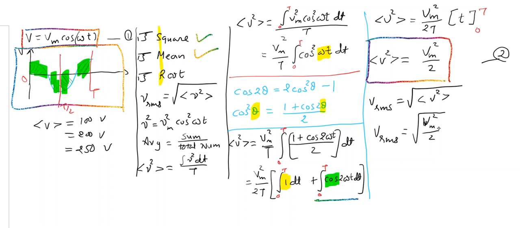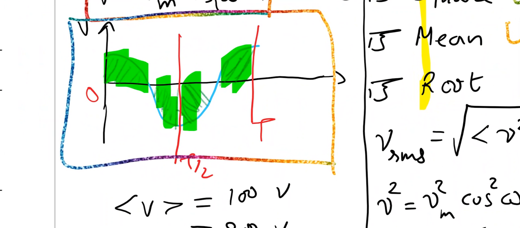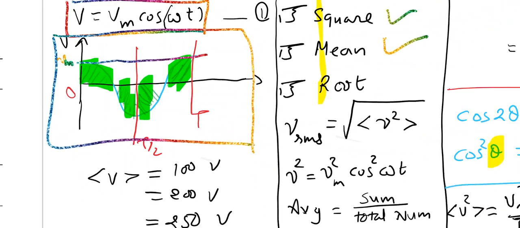Equation 2 I have used here, and then Vrms is Vm by root 2. Okay, so whatever is the peak value you have here, suppose Vm is 200, what you have to do is take 200 by root 2, and that is RMS value of this voltage.